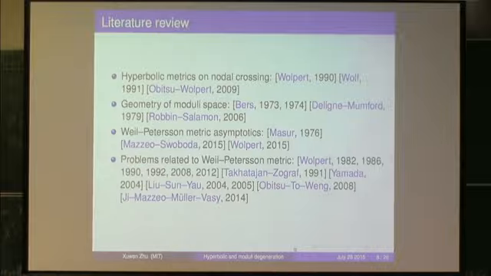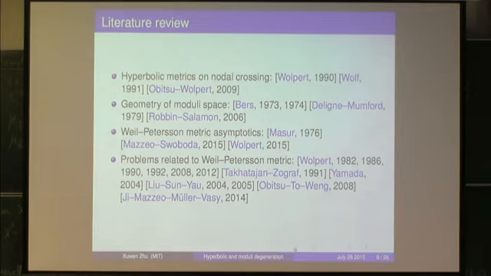This slide is by no means a complete coverage of all the papers, but I'd like to mention several of them. For hyperbolic metrics undergoing this nodal degeneration, Wolpert, Wolf, and Albin-Rochon-Sher all have done some work. Especially, we're going to use the methods of Albin, Rochon and Sher from 2009 to deduce the complete asymptotics of this hyperbolic metric.